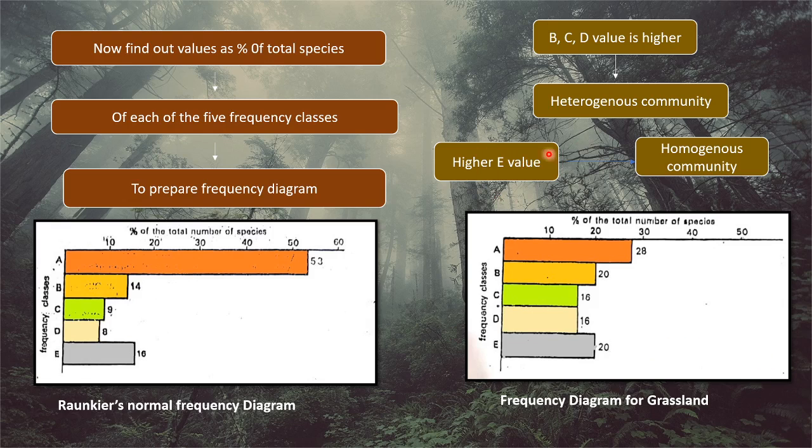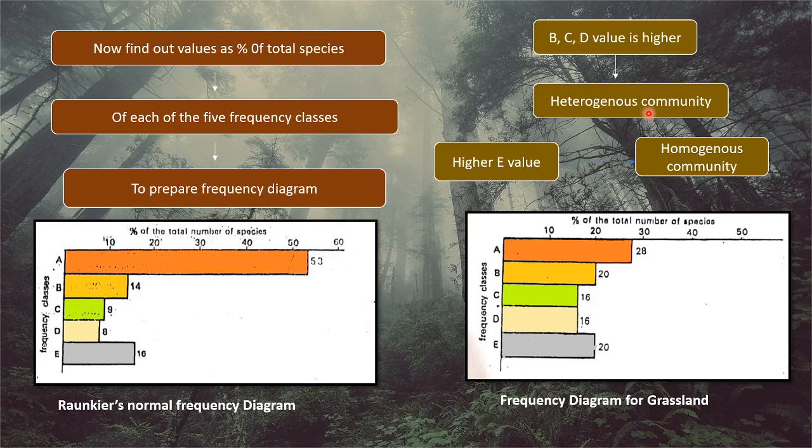So when there is a higher E value, then it would be a homogeneous community. Here the E value is not that high, and therefore this is not a homogeneous community, but the B, C, D values are much higher in comparison to Raunkiaer's normal frequency diagram, and therefore this would be a heterogeneous community, right?